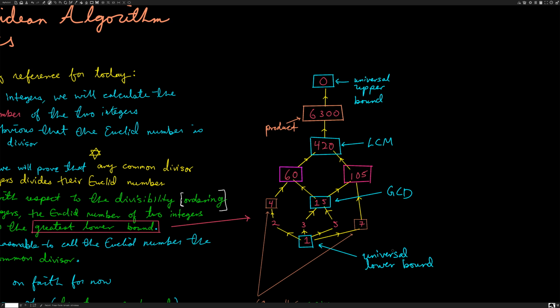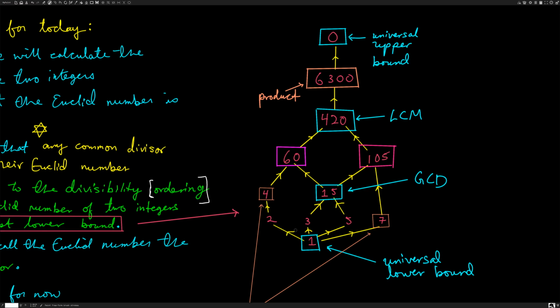So 1 is a universal lower bound. 0 is a universal upper bound. So everything divides 0 and 0 divides nothing. So if I draw this kind of subset of the graph, not all of the edges are shown. For instance, there should be an edge from 3 to 60, but I'm not showing every one because there are too many and I don't want to clutter the graph. It's already cluttered enough.